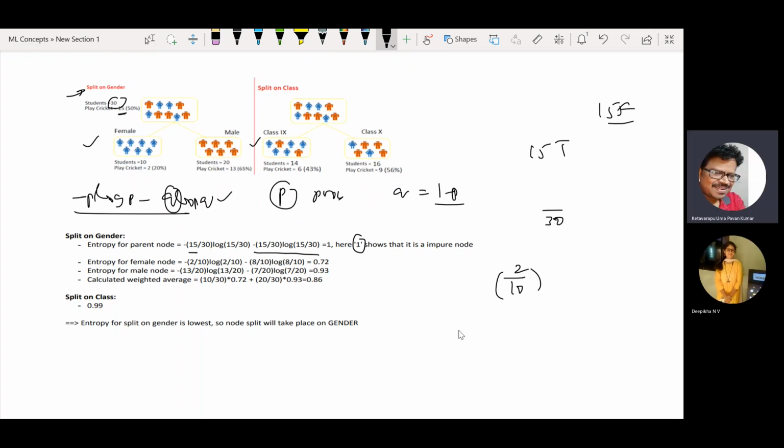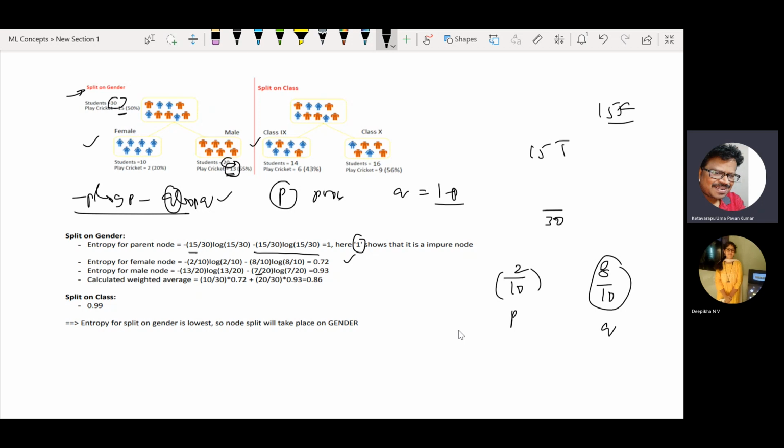So minus of 2 by 10 log 2 by 10 minus of 8 by 10 log 8 by 10, where 2 by 10 is p and 8 by 10 is q. Similarly, for the male candidates, 13 people are willing to play out of a total of 20.